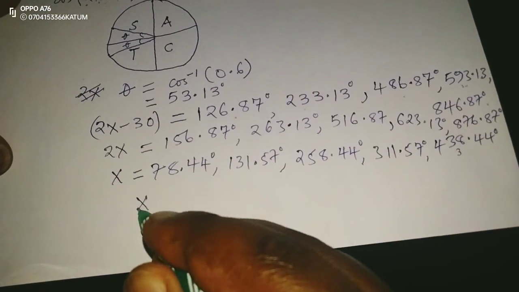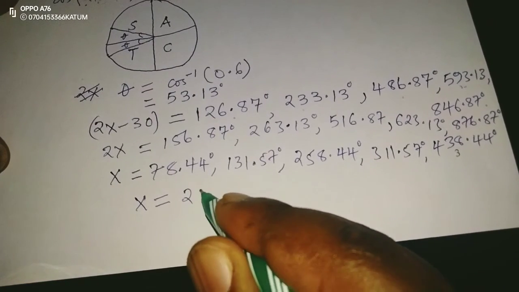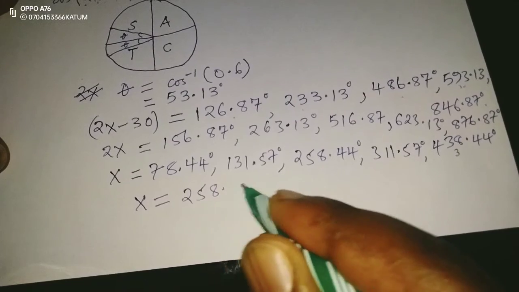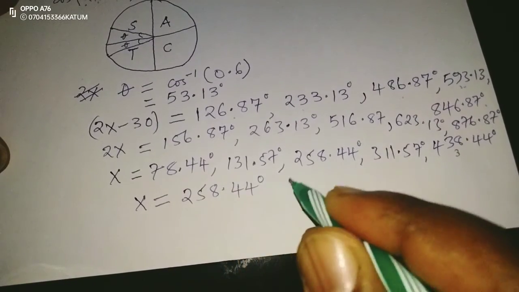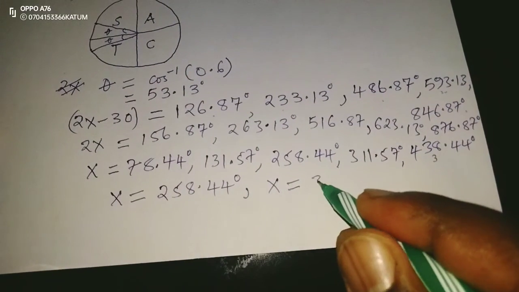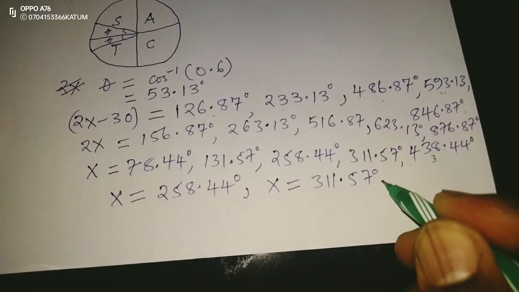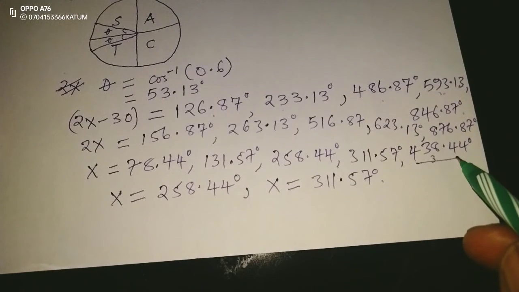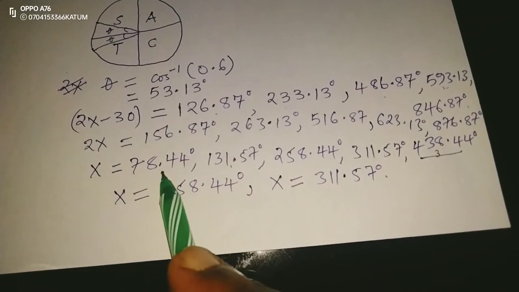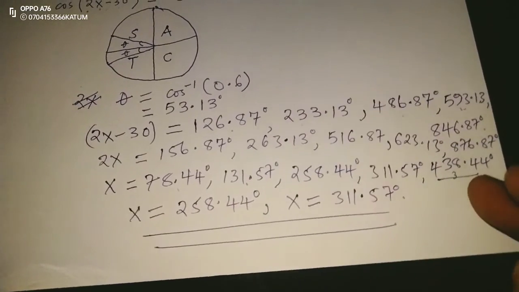So the value of x equals 258.44, and also the value of x is equal to 311.57 degrees. The other angles are beyond the range. So this becomes the answer.